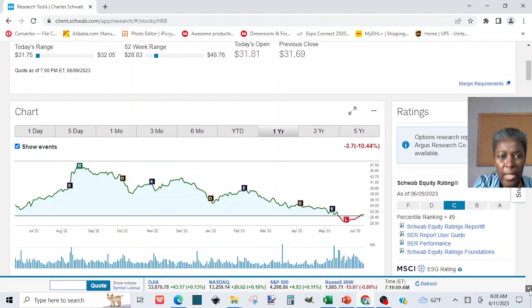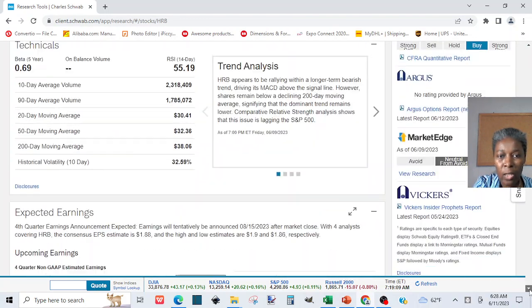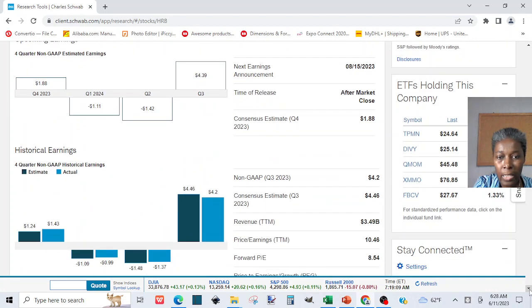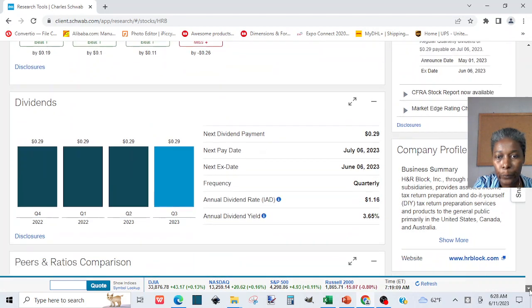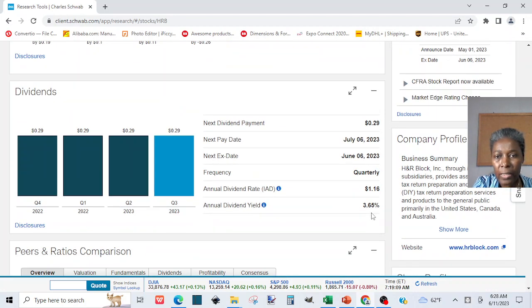And then you can go down and double check the dividend yield for confirmation. So the dividend yield is 3.65, and if you want, you can add another column to your spreadsheet for the month that they pay dividends.